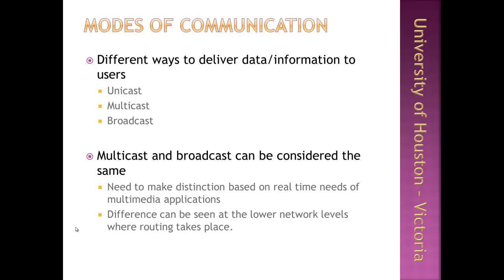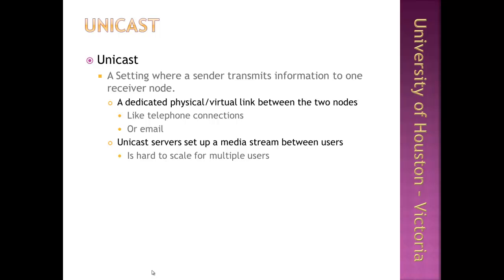in multimedia technologies. The main difference between multicast, unicast and broadcast is that at the lower network levels, the routing takes place for the communication of the data, and the way that it takes place distinguishes the different modes of communication. Unicast is derived from broadcast and refers to a setting where one sender node sends information to one receiver node.